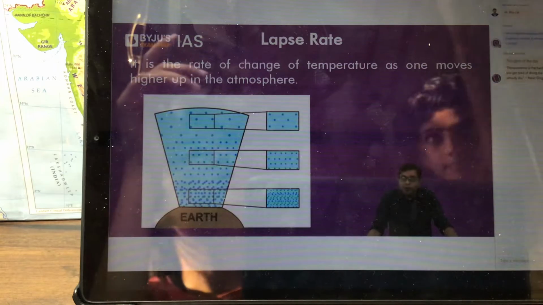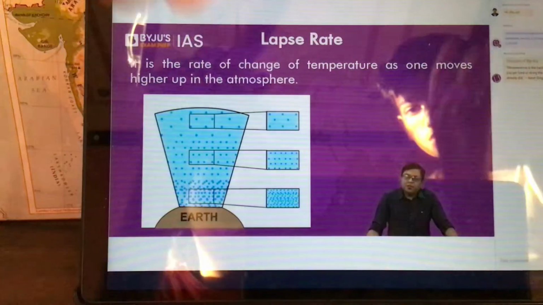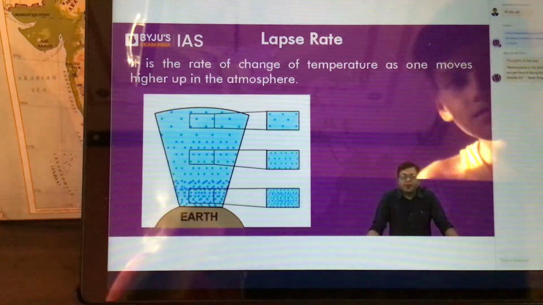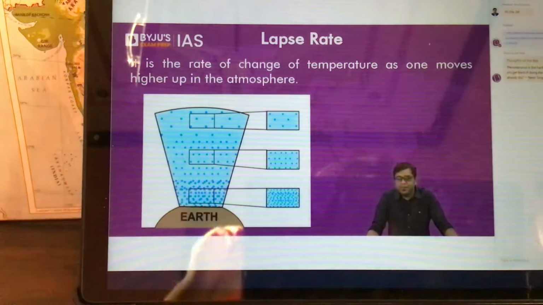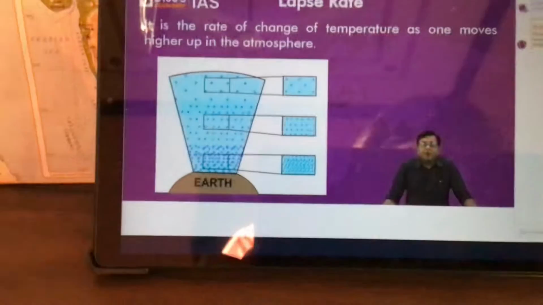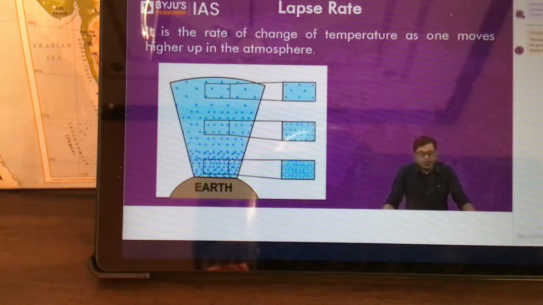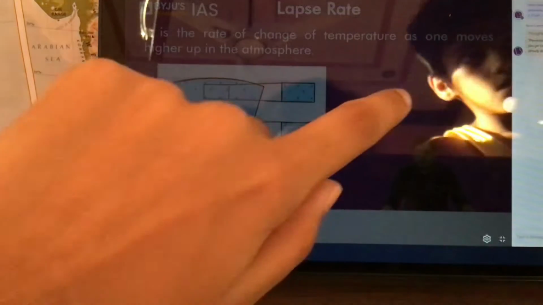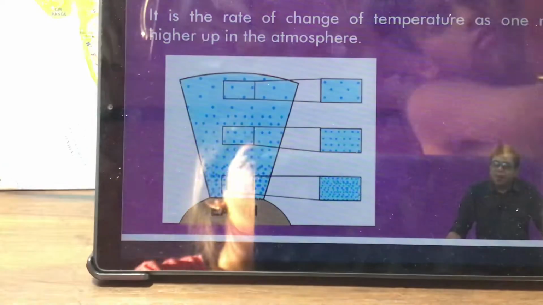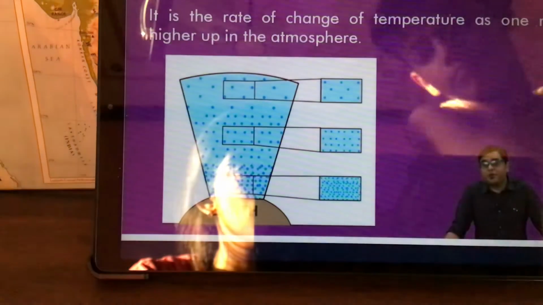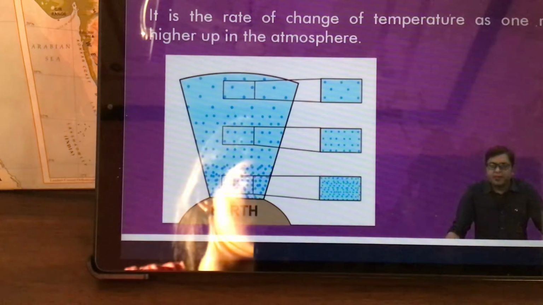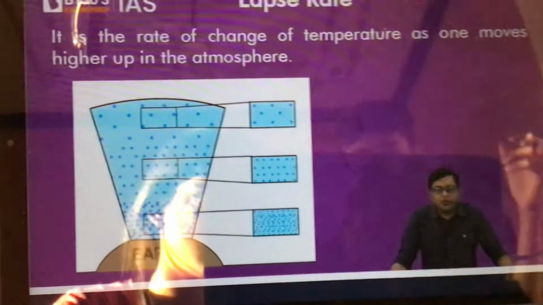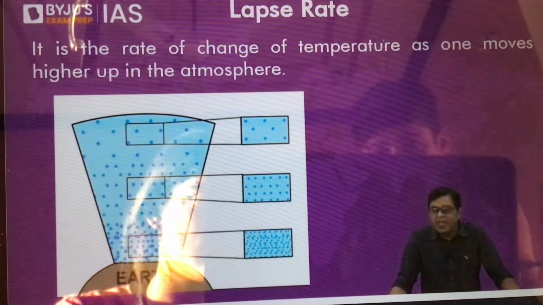Now the prime process of heating is from the Earth's surface. That is one of the prime methods by which heating is attained. Now after that, we looked at the process of advection as well. Advection is another method of heat transfer and heat distribution, whereby heat is transferred from warmer areas to cooler areas by the horizontal movement of wind.